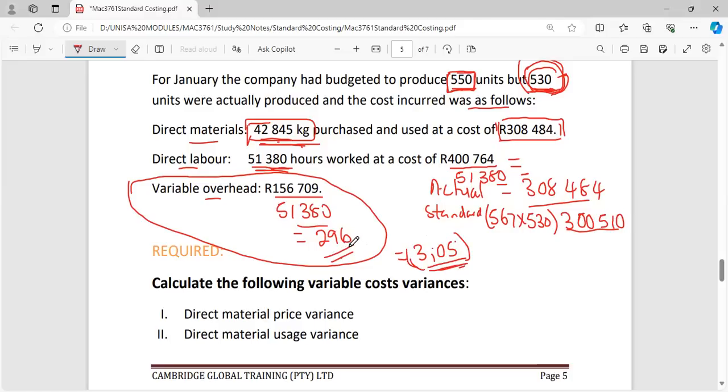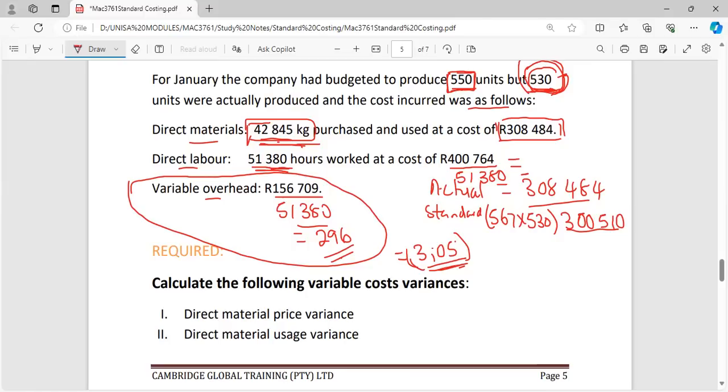Someone gave us this figure, so that thing is wrong. I don't know which one is wrong. Let me just try to do it on my side. I'm the one who did that. In that actual price, I said 156,709 divided by 530.